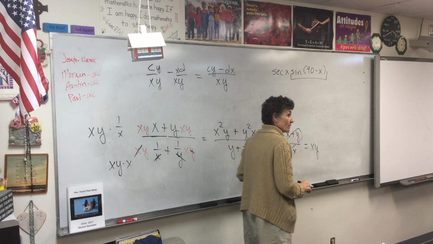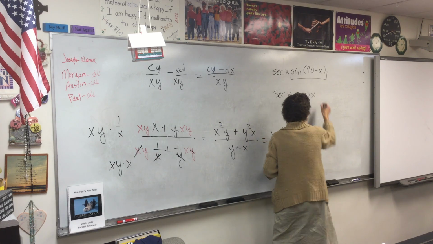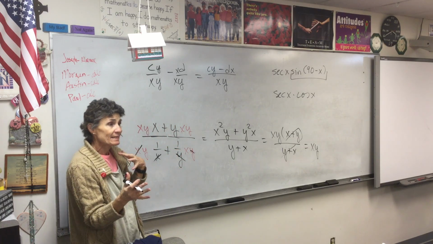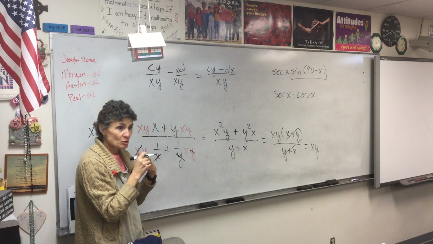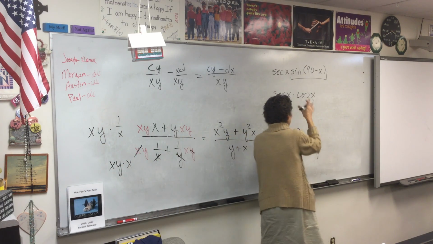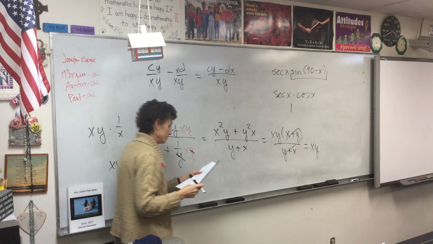That is one of your co-function identities. So now I have secant times cosine. Wait a minute. What do I know about secant and cosine? They're reciprocals. And what happens when you multiply reciprocals? You get 1. So that one simplifies down to just 1.